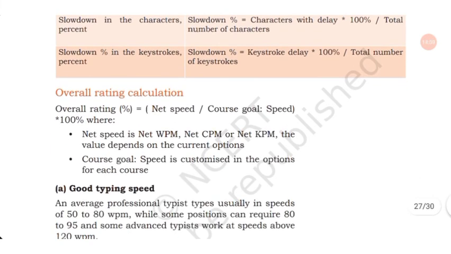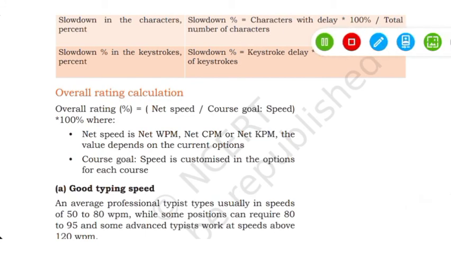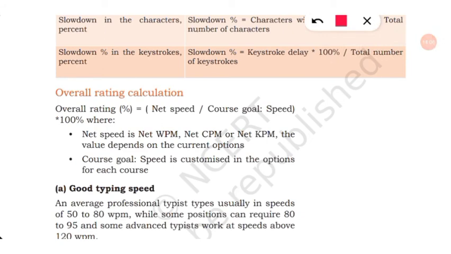Then overall rating calculation. Overall rating percentage is equal to net speed by course goal speed into 100. So net speed is the net WPM, net CPM or net KPM.